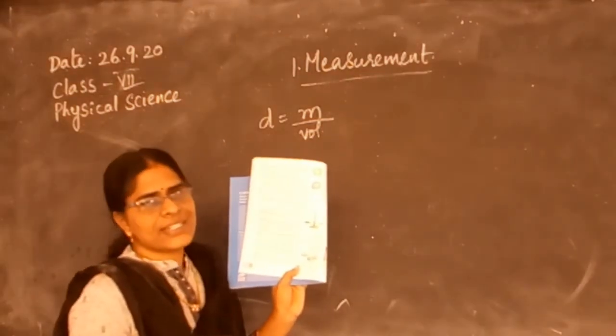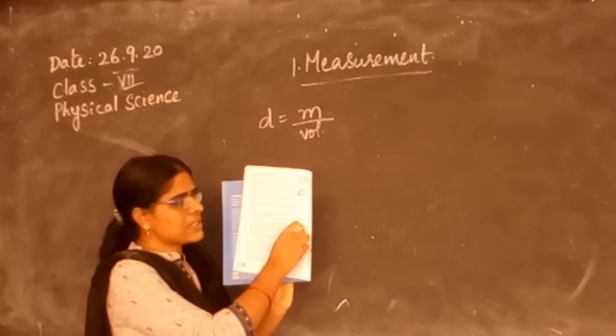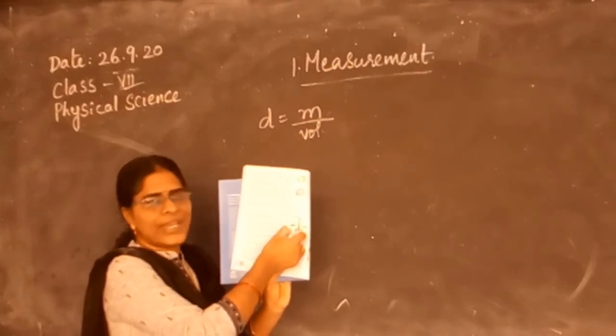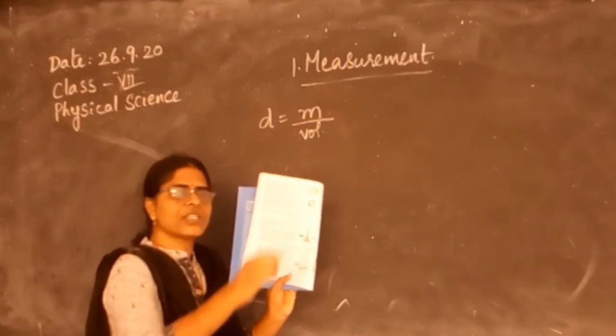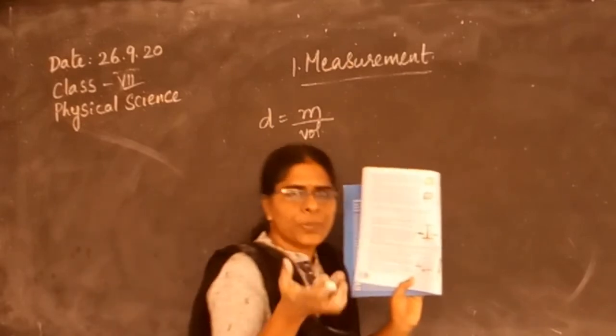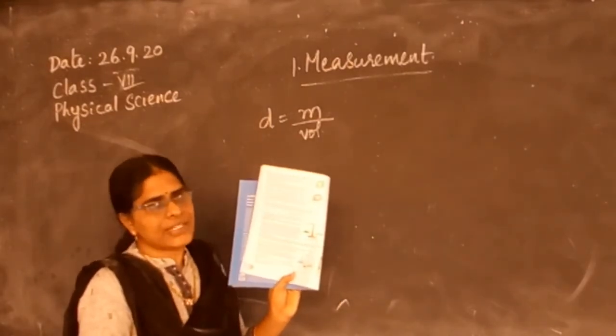Now, the materials required in this activity are a beam balance, and to this we require one weight. You will see in the common balance, when you are buying vegetables at the green grocer, they put some weights.